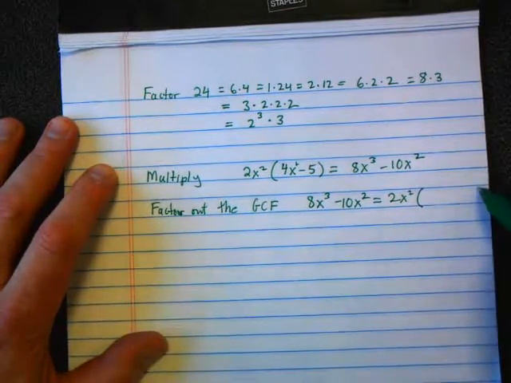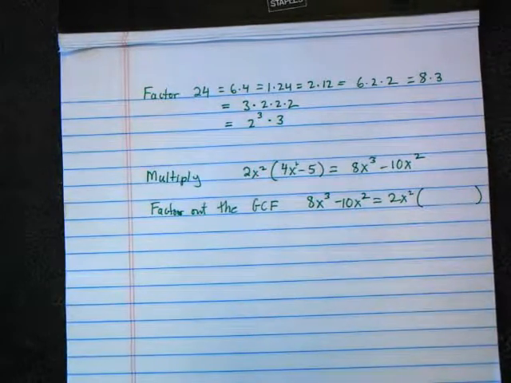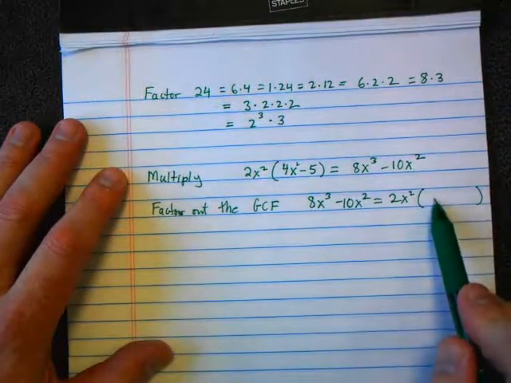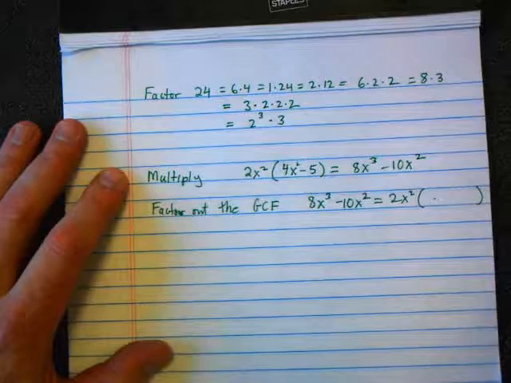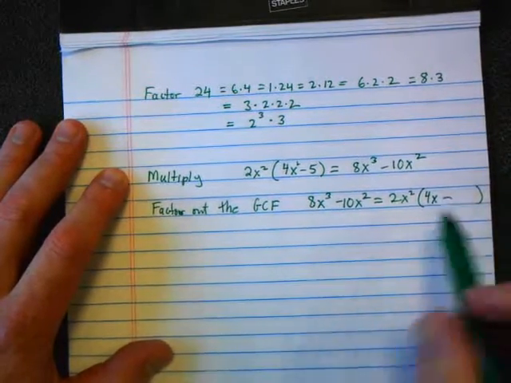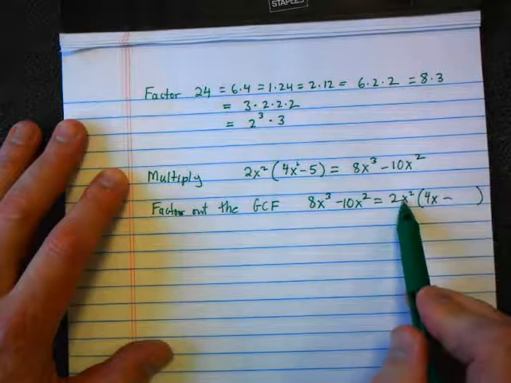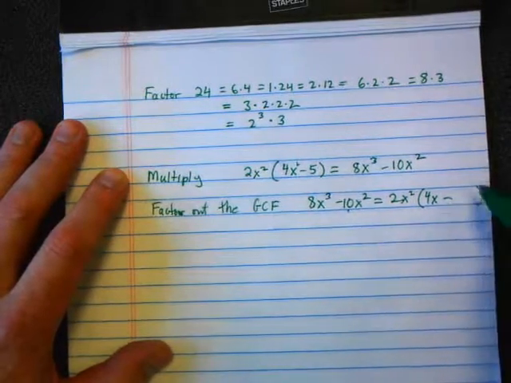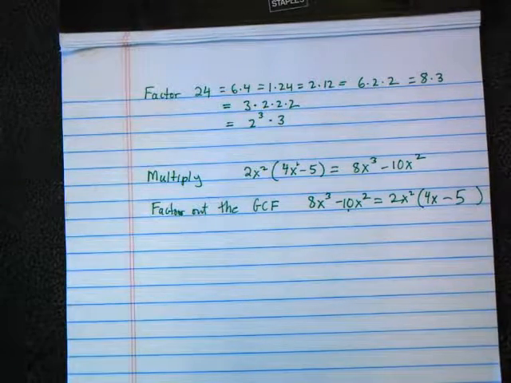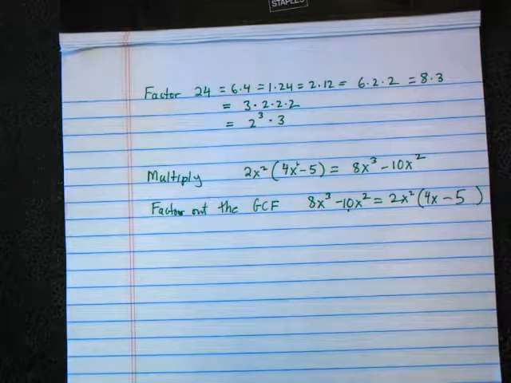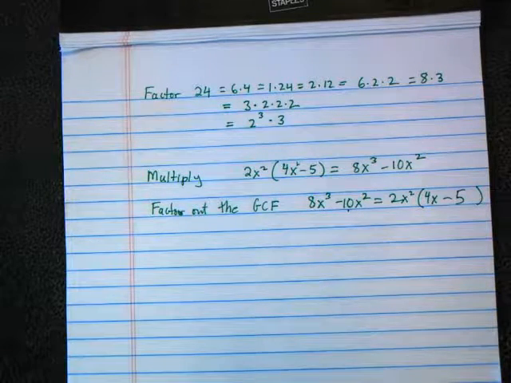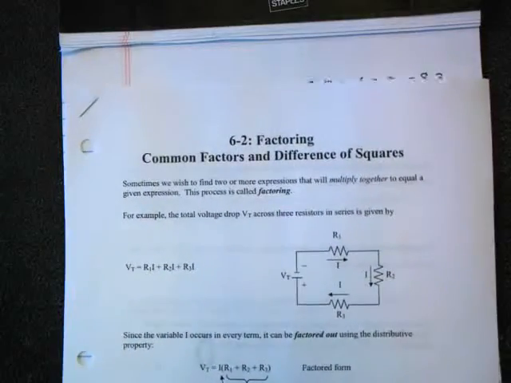And then I put a parenthesis, and I think about, all right, now I got to use the distributive property. 2x squared times what will give me 8x cubed? 4x, and then minus, and 2x squared times what will give me 10x squared? 5. So factoring out the GCF is just completely the reverse of using the distributive property. That's all it is. All right, so let's take a look at some of these problems here.